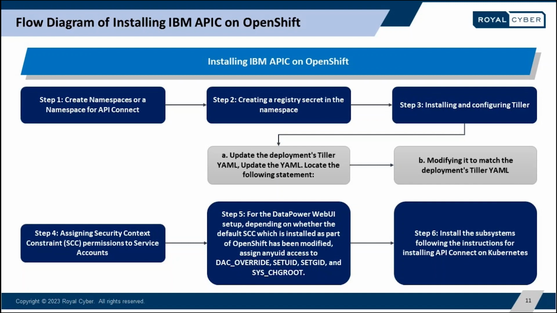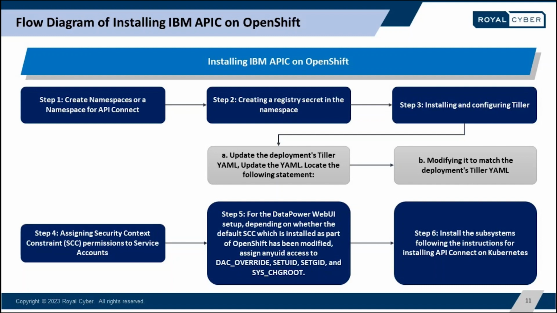Now, using this slide, we will try to understand the basic steps that you need to perform to set up APIC in your environment. These are the high level steps to set up APIC on OpenShift. We will give more details in the later slides, but these are the high level six steps.